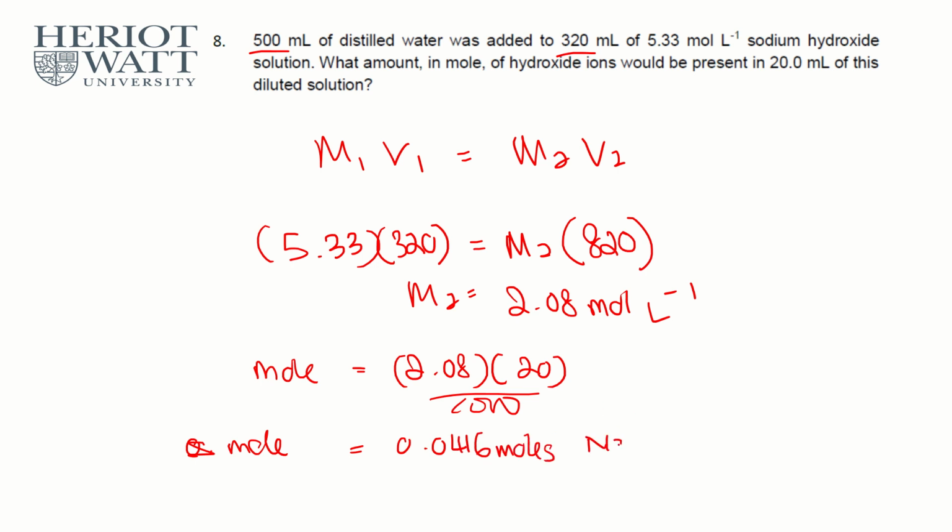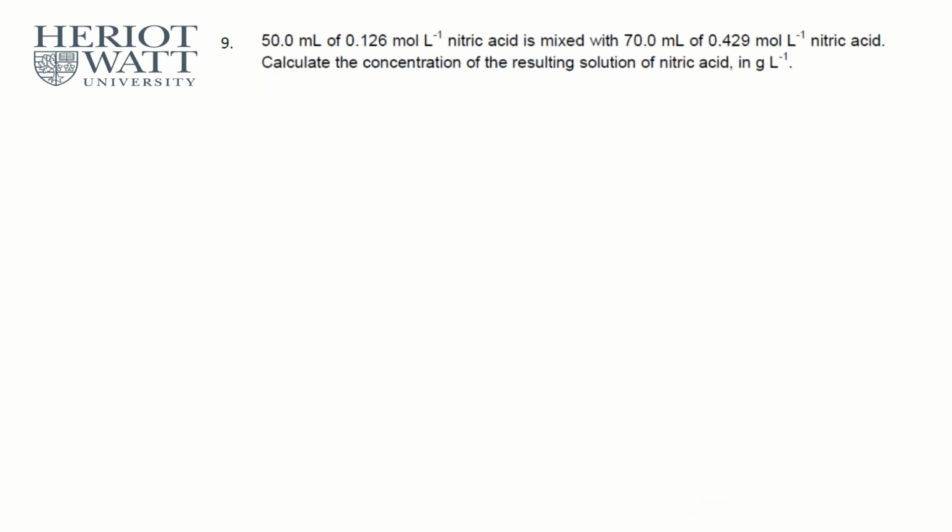This is the moles of NaOH, which is the same as the mole of OH minus. Again, one NaOH gives you one OH, so the mole should be the same in this case. So 0.0416 moles of hydroxide ions. That's the answer. All right, so this is number 8. Let's move on to number 9.